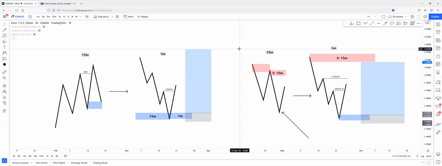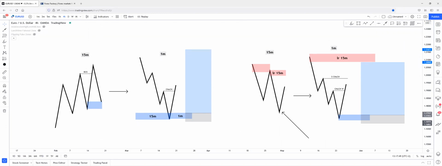If price steps into the 15-minute zone, which has not been refined from the 4-hour zone, a 1-minute change of character is perfectly enough. If price steps into a 5-minute zone, which has been refined from the 15-minute chart, you have to wait for a 1-minute change of character. Please just watch the webinars because these are explained in every single webinar.